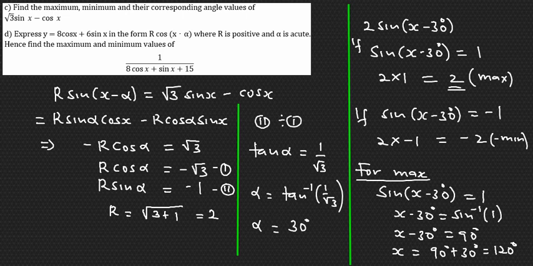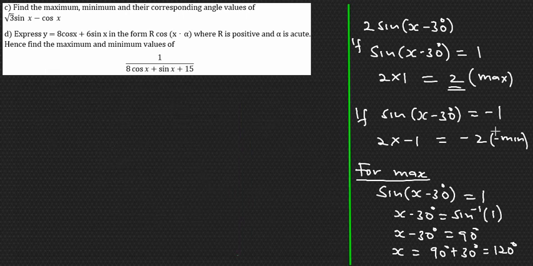Now what about the minimum value? For the minimum value, which was -2, we took this to be -1. So we shall have the sine of x minus 30 degrees equal to -1.